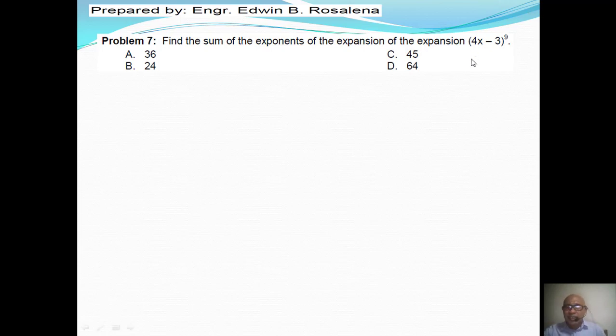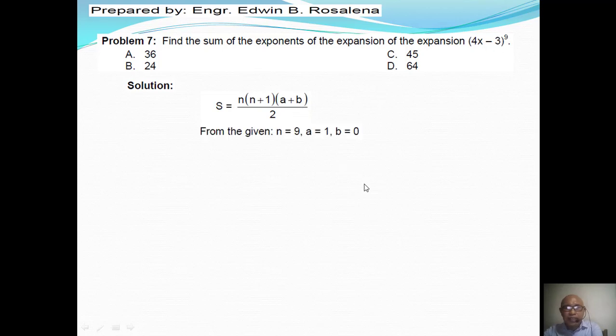Okay, ha? So, we have here this formula. The value of n is 9. a is the exponent of the variable in the first term, and that is 1. b is the exponent of the variable in the second term. Wala namang variable dito, so b is 0.